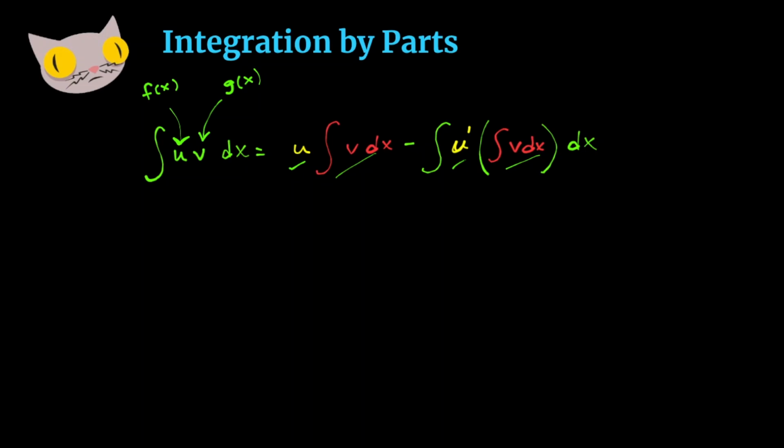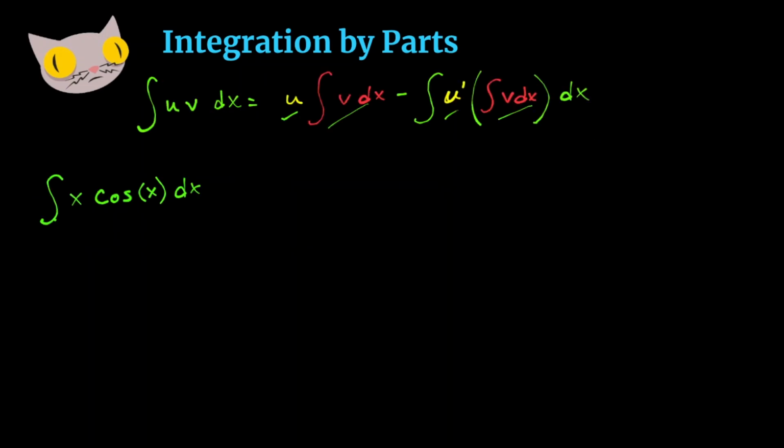Let's do an example. So what's the integral of x times cosine of x with respect to x? We have x and cosine of x being multiplied, so integration by parts would be a good option to try and solve this. We'll call our x function u, and the cosine of x function will be our v.